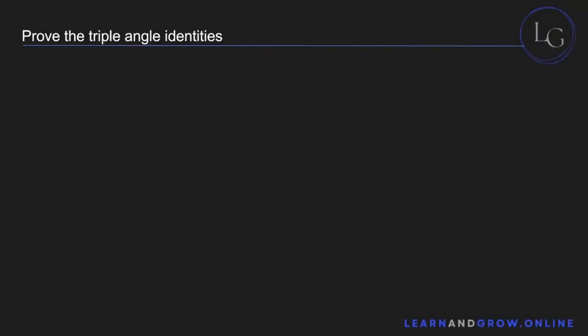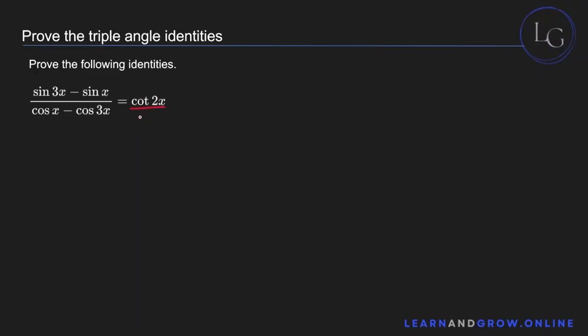Let's prove triple angle identities. So here's the triple angle identity of the cotangent 2x, right? Basically, it's just the reciprocal of the tangent 2x triple angle identity. And we need to prove how we go from this to this.